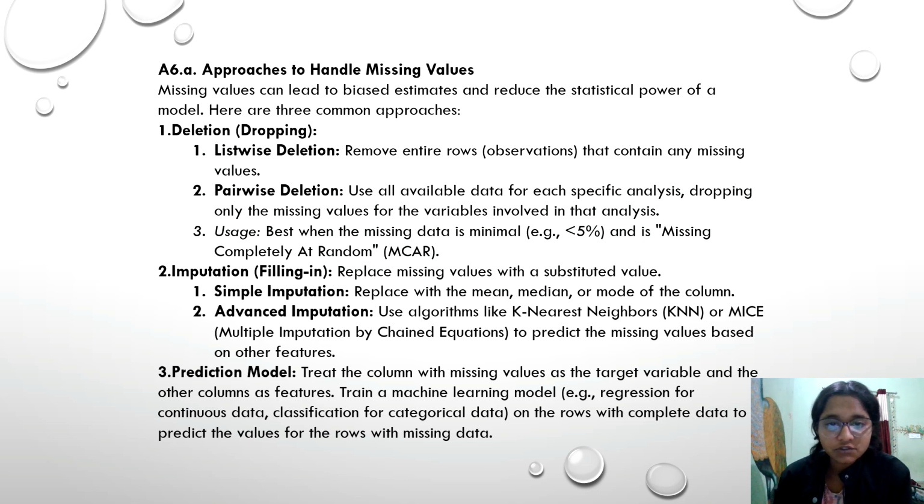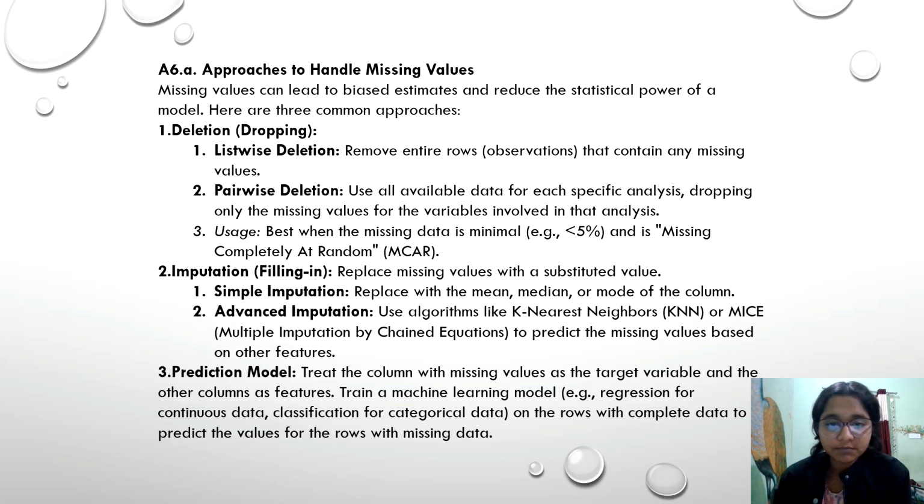Deletion. Listwise deletion: remove the entire row that contains any missing values. Pairwise deletion: use all available data for each specific analysis, dropping only the missing values for the variables involved in that analysis. Usage: best when the missing data is minimal and is missing completely at random.